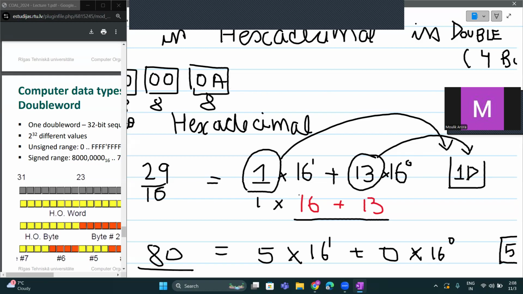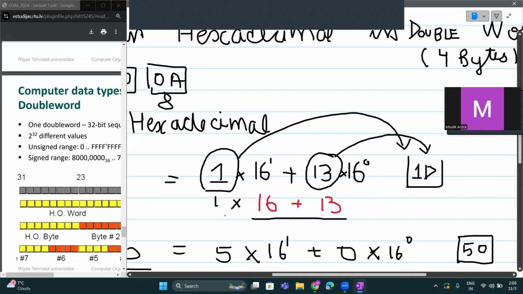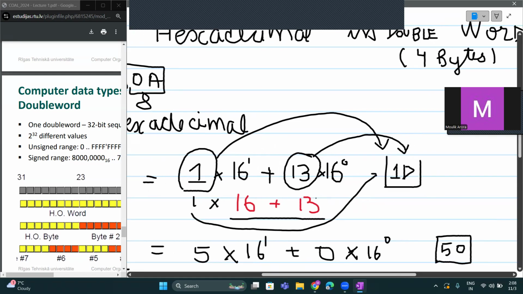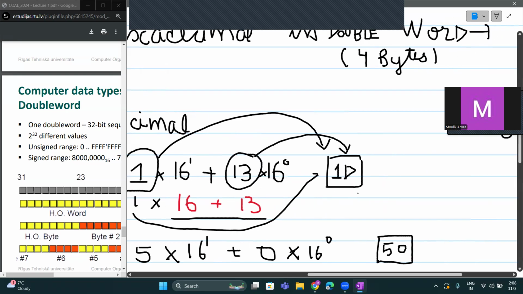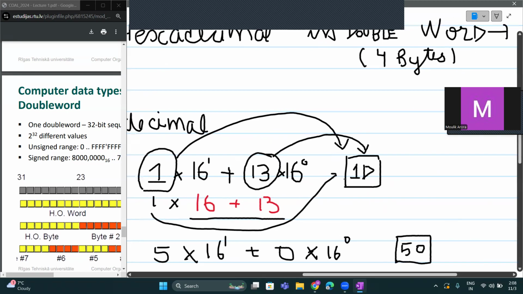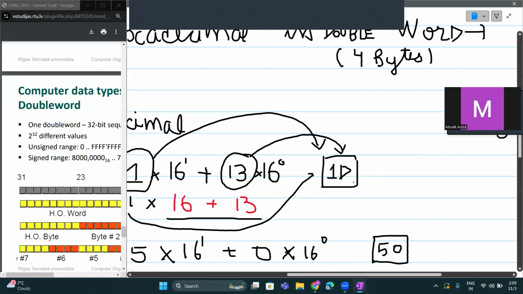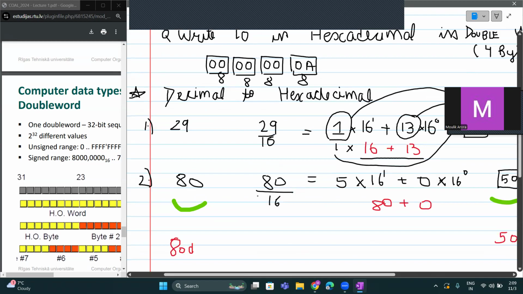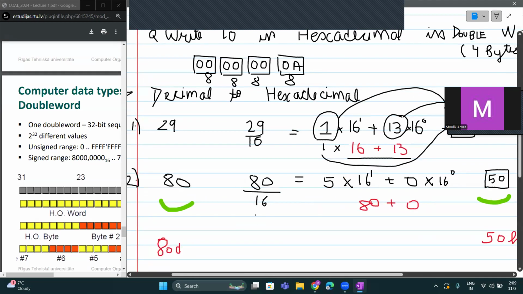That's why we write 1 here, and 13, which in hexadecimal is D, we write it like this. So this is 29 in hexadecimal format.